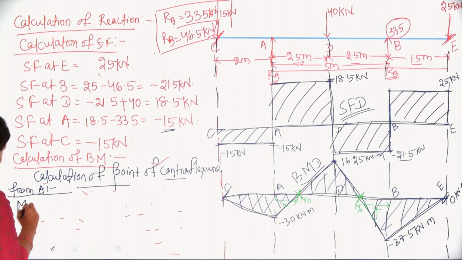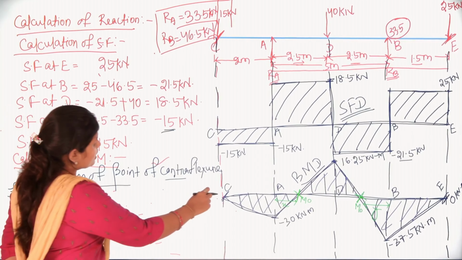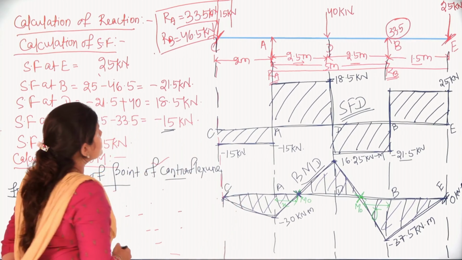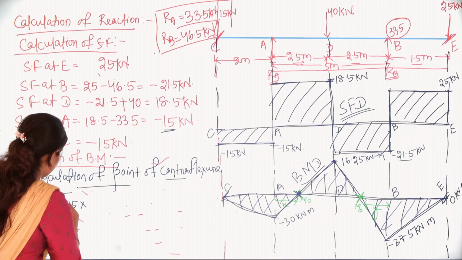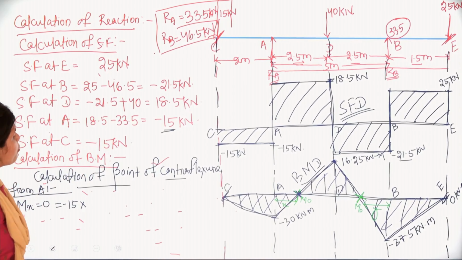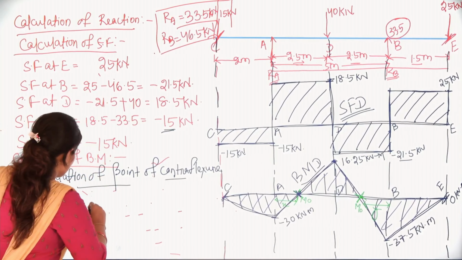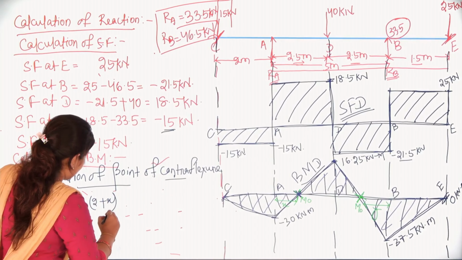We know that moment at x is 0. So we can write that moment at x. How to find moment at x? From this side, let's take minus 15 multiplied with what? First is 2, then 2 plus x.